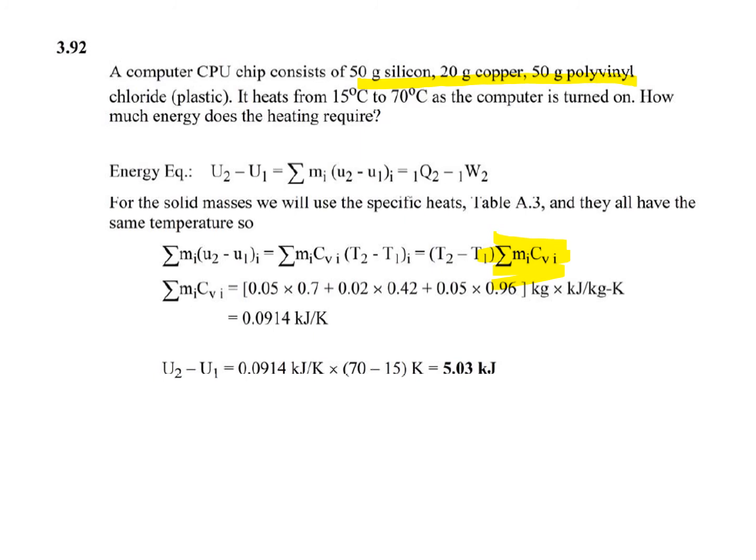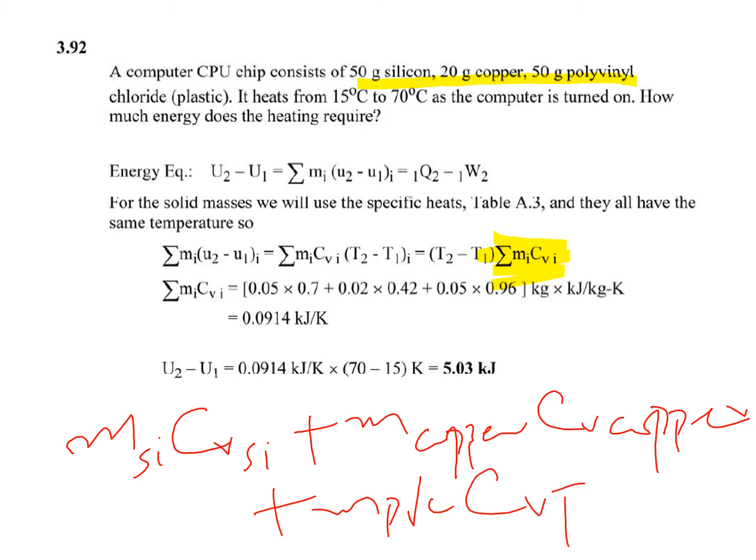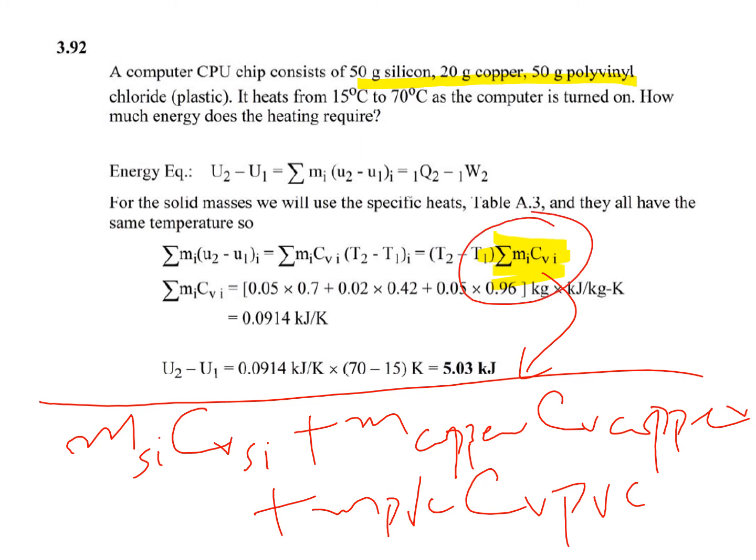So what we will be doing is: mass of silicon into the Cv of silicon, plus mass of copper into the Cv of copper, plus mass of PVC, polyvinyl chloride, into Cv of PVC. So this is what is presented over here in the summation notation.